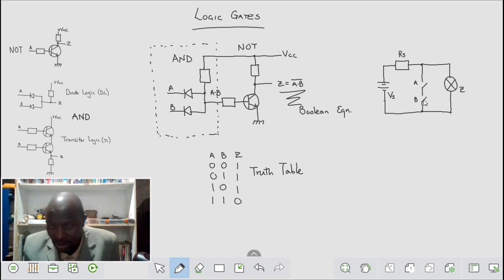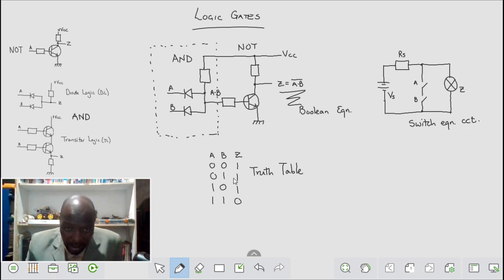Remember, NOT was just a single switch. If we have 3 inputs, we're going to have 3 switches in parallel with the output. If it was 4, then we're going to have 4. In this case here, we have 2, A and B. So this is our switch equivalent circuit. Okay, so we have our truth table.